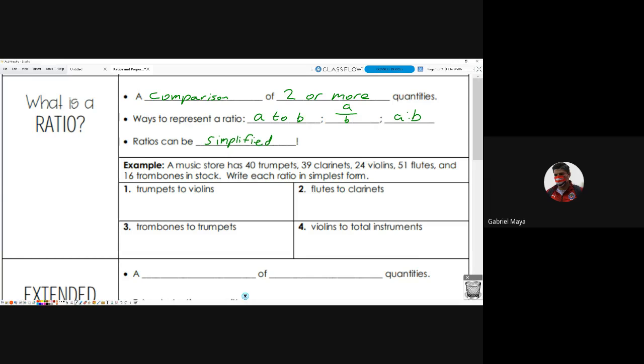For example, I don't know if this is correct, but when you make cookies, sometimes you add salt. Don't you add 1 teaspoon of salt for every 2 of sugar or something like that? So when you're cooking, you would say a ratio of 1 teaspoon of salt for every 3 teaspoons of sugar.